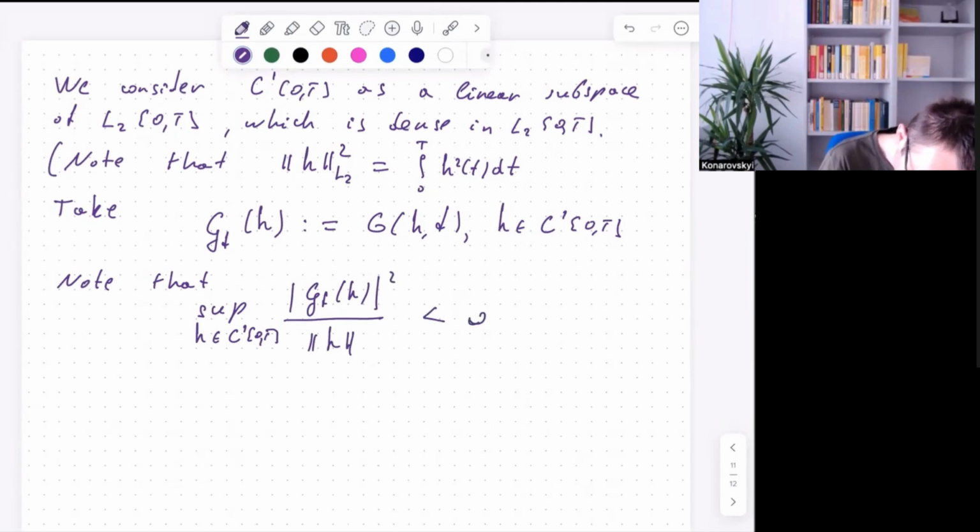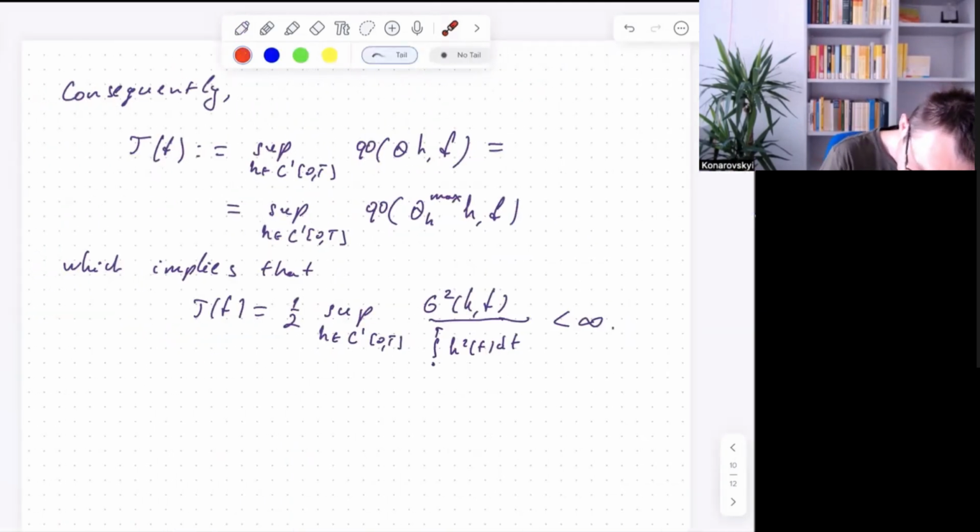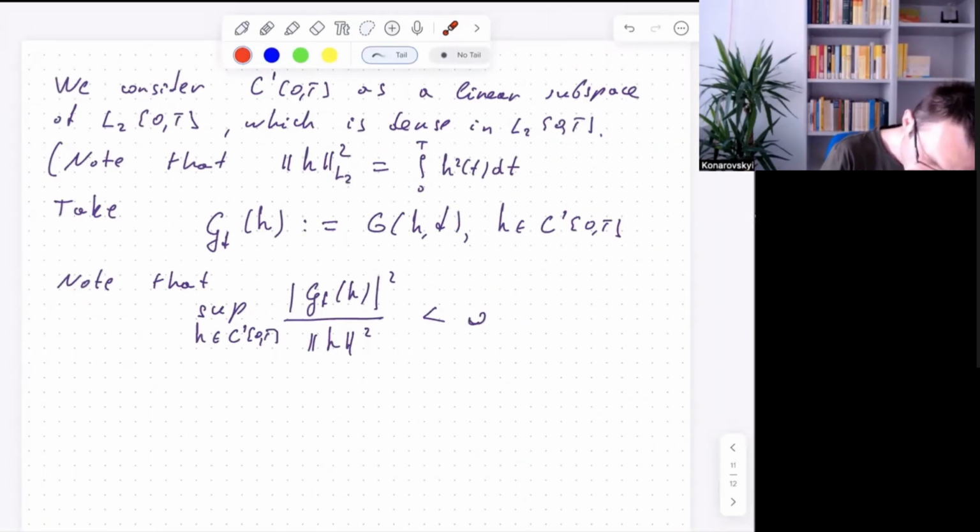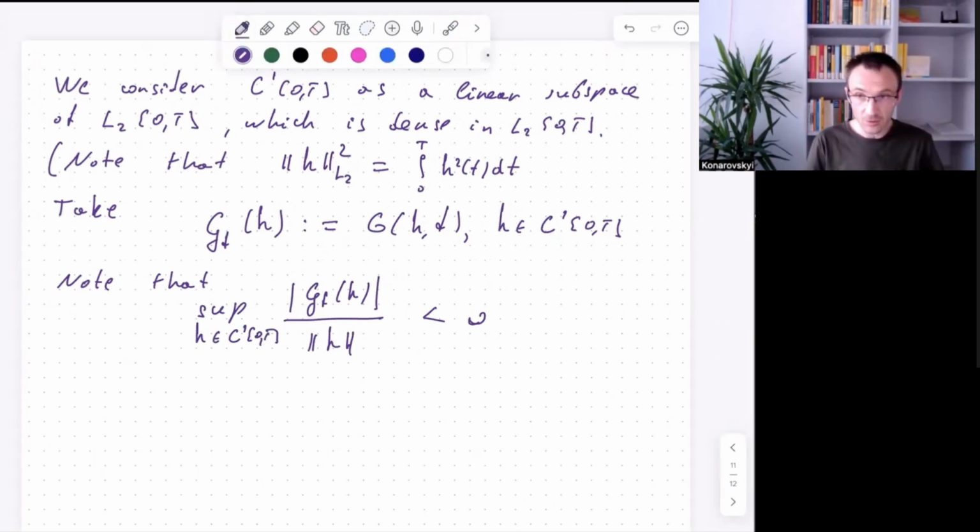Why is it bounded? Because when you take the squares here, it is exactly what is written here. And it is finite, so without the square it must also be finite. Therefore this linear operator is bounded on the dense subspace.